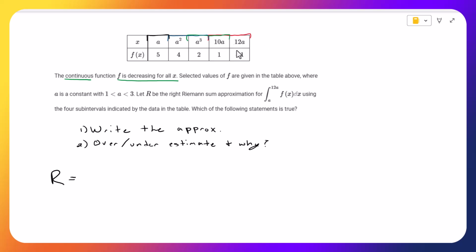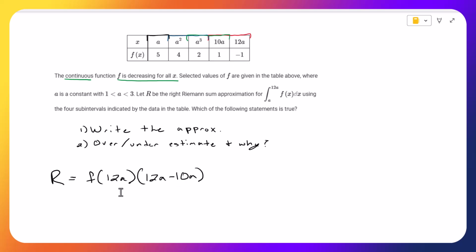And we're using the right side, so we're doing f of 12a times our delta x, which is 12a minus 10a. And this is going to be our first rectangle.